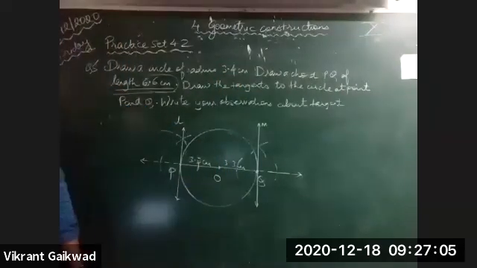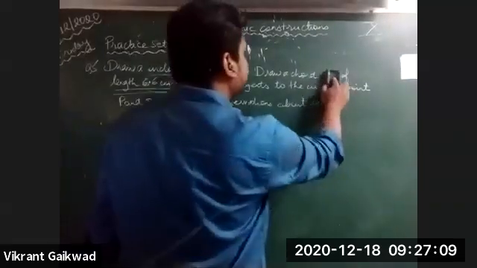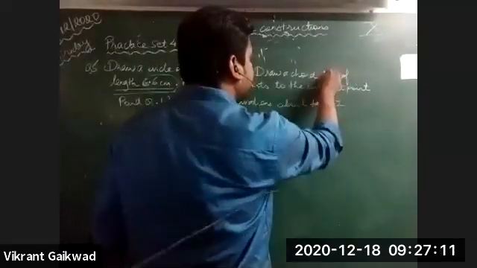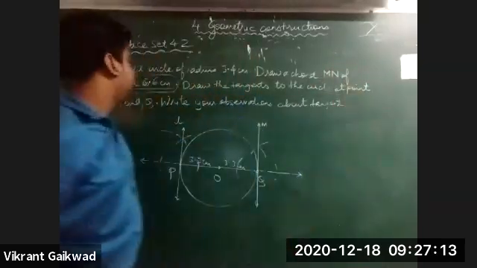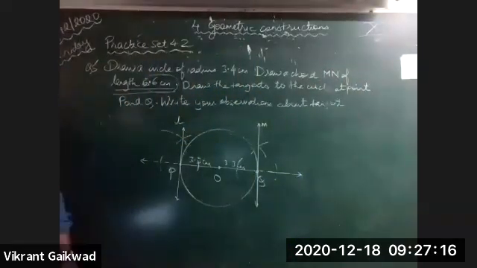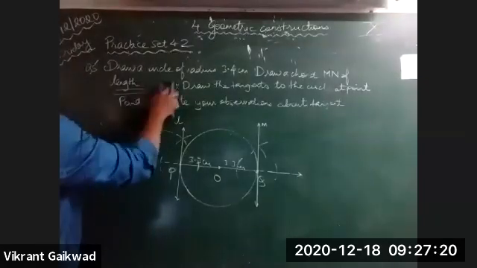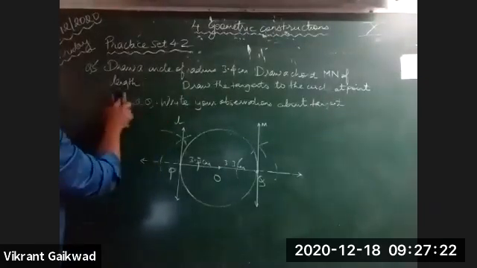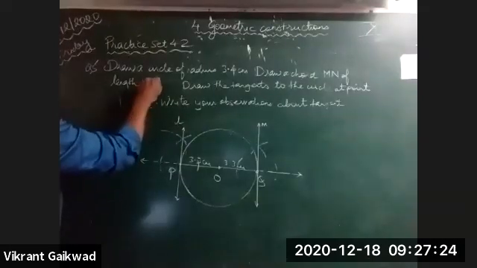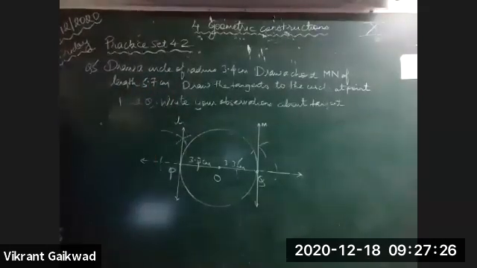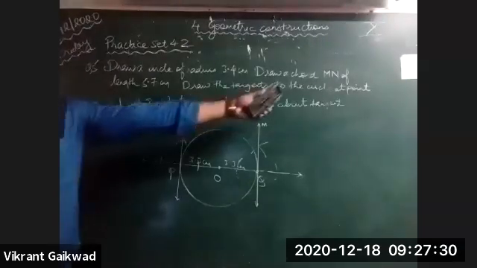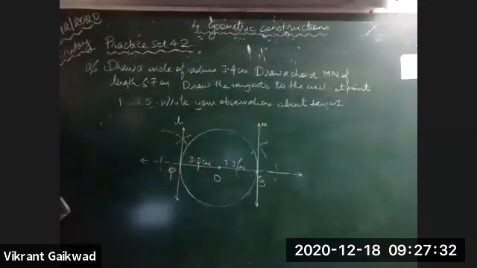Draw chord MN, now instead of PQ it is MN, of length 5.7 centimeters. Construct tangents: draw the tangents to the circle at points M and N.